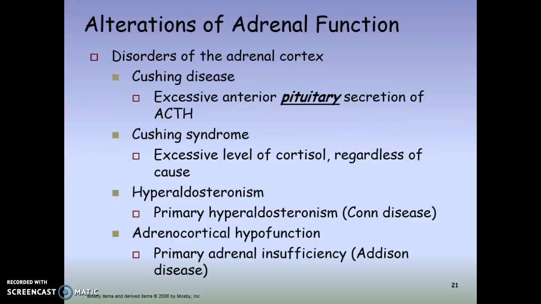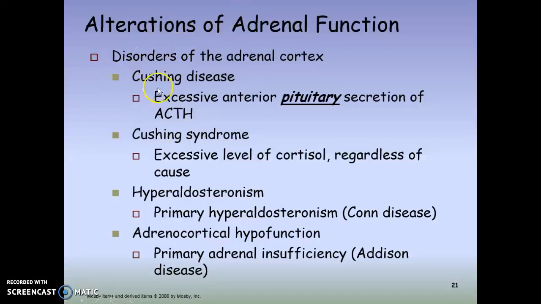All right, now adrenal functions, looking specifically at the adrenal cortex. A couple of different diseases. You have Cushing disease and then Cushing syndrome. These kind of run together in terms of what you might see with clinical manifestations, but the difference between disease versus syndrome is going to be why it develops or how it develops.